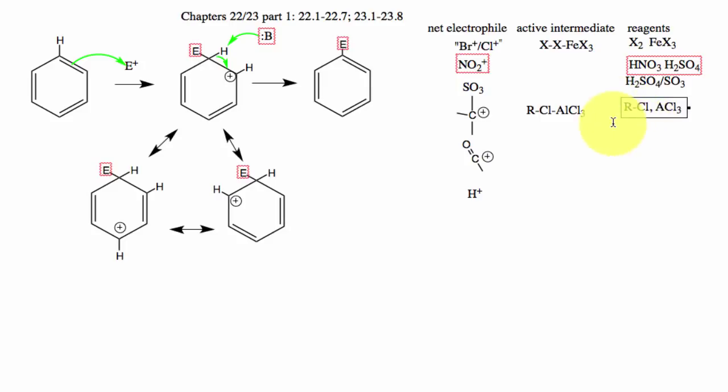Other sources of carbocations, such as adding an H+ to an alkene, can also provide a carbocation in solution, which is a strong enough electrophile to react with at least some of our benzene derivatives. So any of these groups can act as the electrophile, substituting onto a single position on the benzene ring.